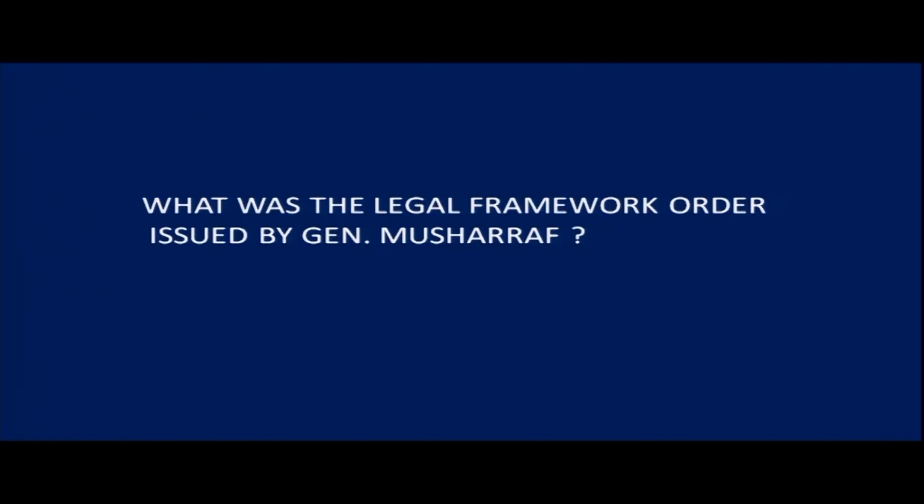As we have come to the end of the first part of this chapter, we already know the four important features of democracy. Let us recapitulate what we have learned today. The first question is, what was the legal framework order issued by General Musharraf?